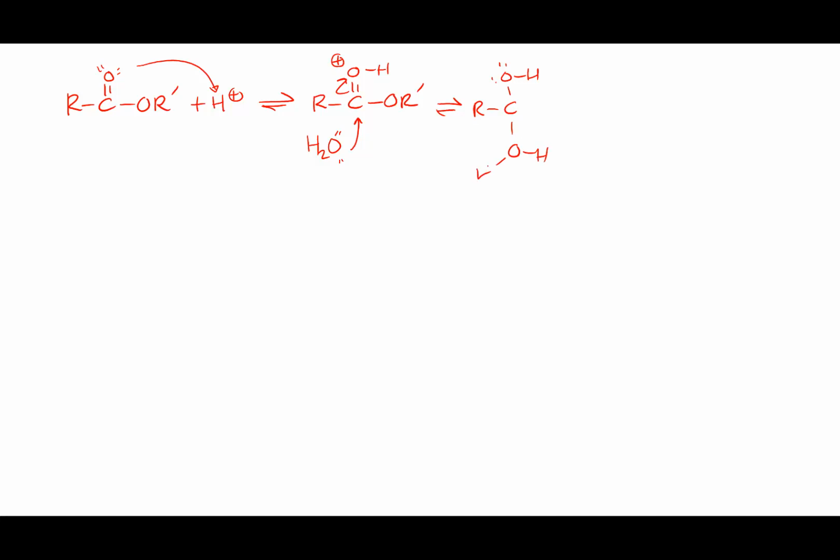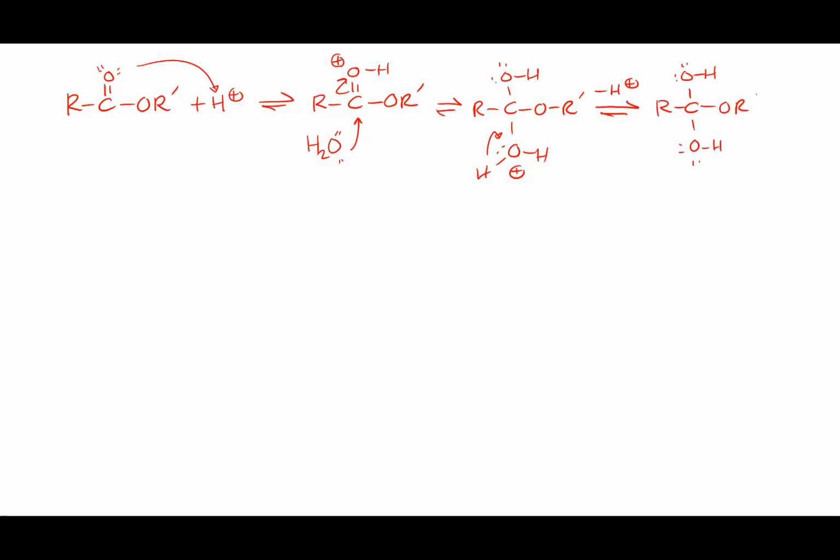And how many times have we done this? We've done this a lot. We're going to actually continue to do this. So I would end up with that oxonium ion, and then of course the next step is to lose the H plus to form the molecule with the 2 OHs here.